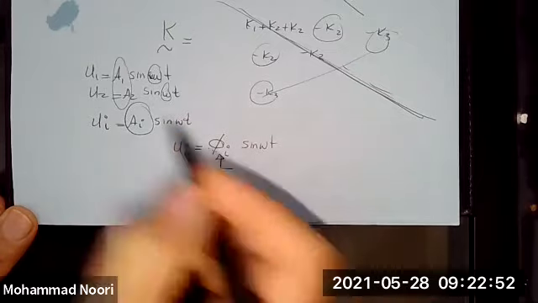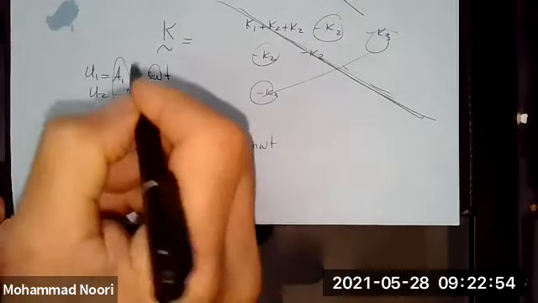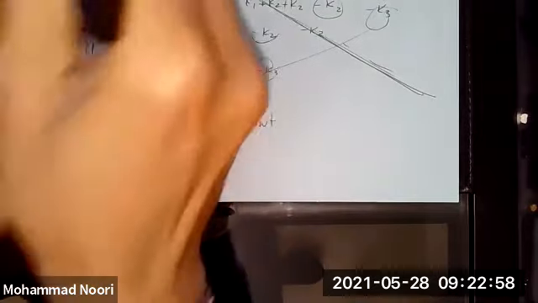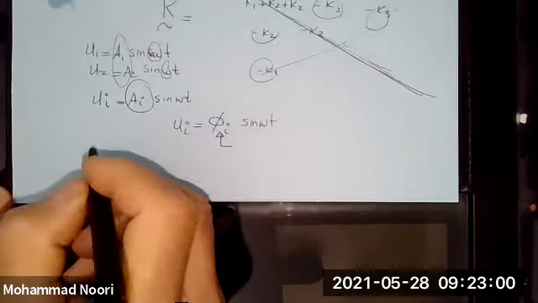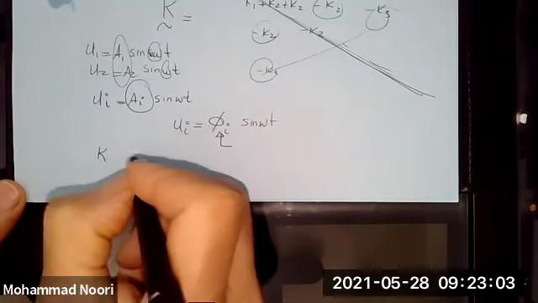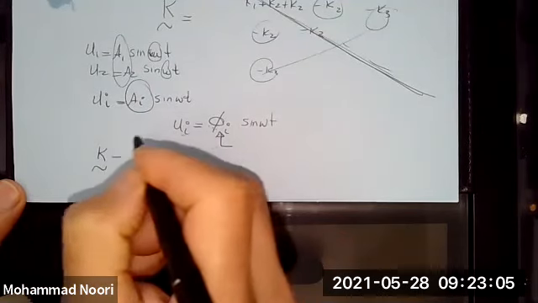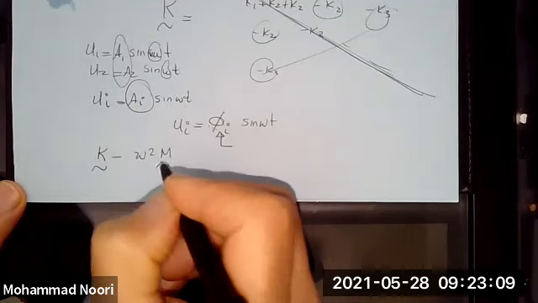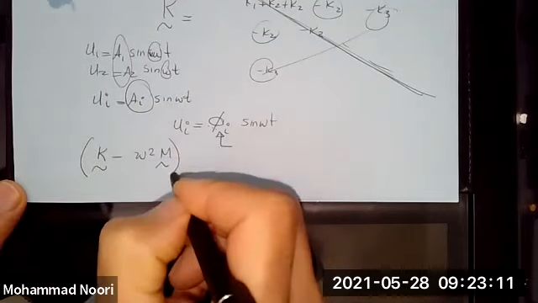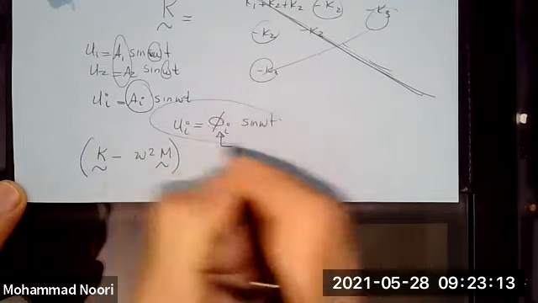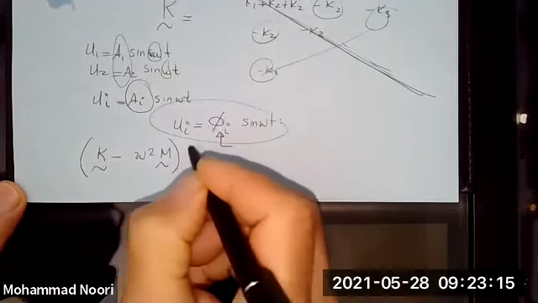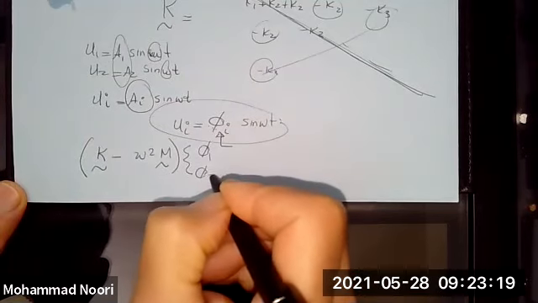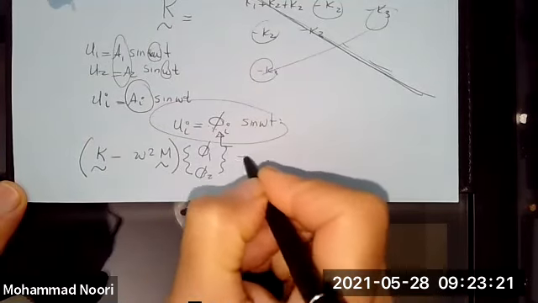And when you substitute these into the equation of motion, if you use this matrix formulation, you end up with this equation. If you use the matrix notation and substitute this into that equation, what you end up with is an equation like this.